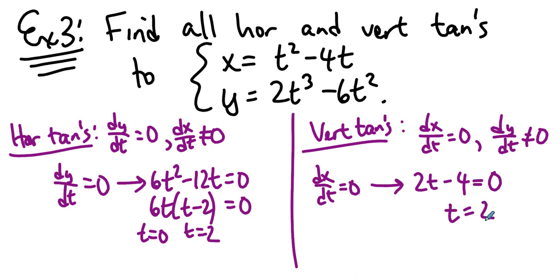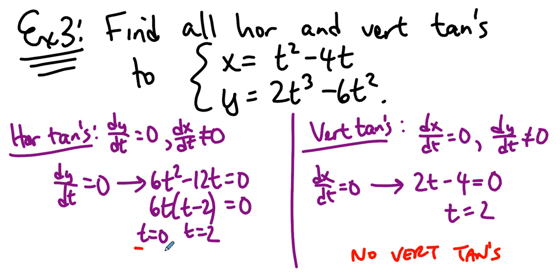Notice, if t is 2, dx/dt is 0, but also dy/dt is 0. So there are no vertical tangents because there is no value of t that generates a dx/dt of 0 and a dy/dt that isn't 0.